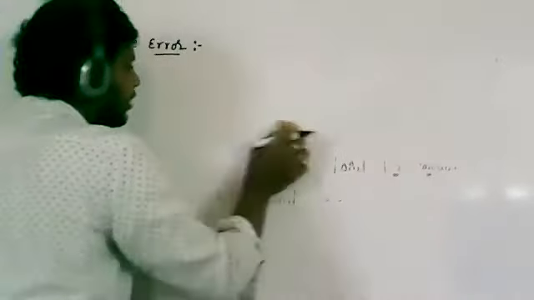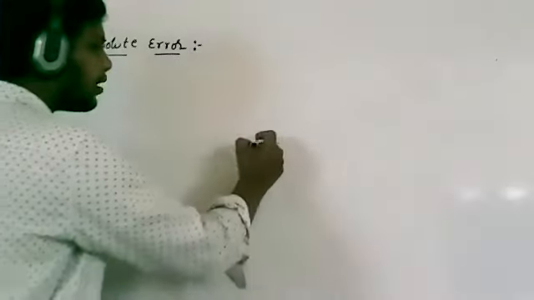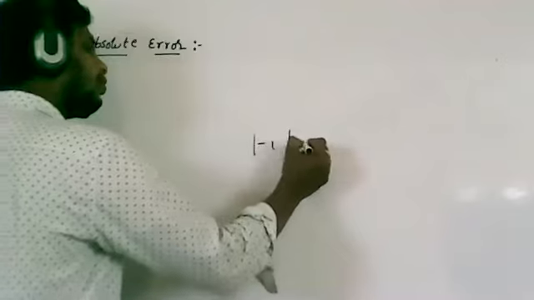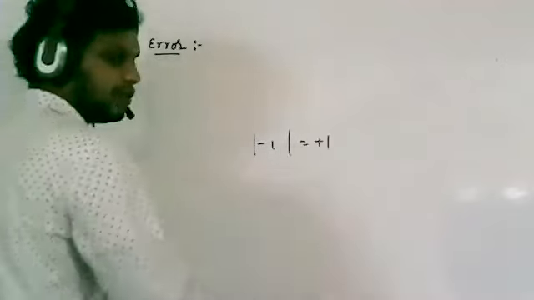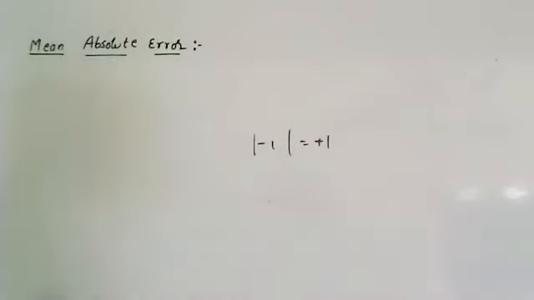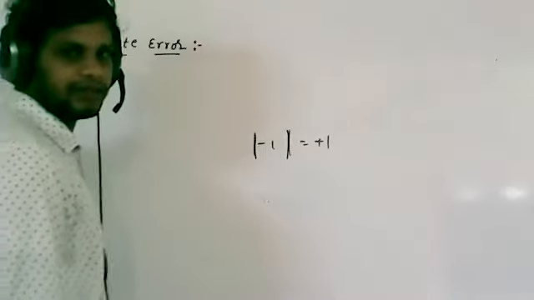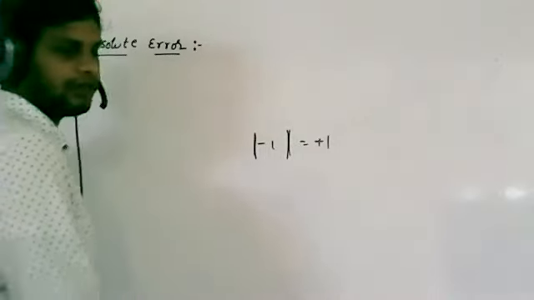Now remember, mod means the magnitude will become positive. If you take the mod value, the modulus of -1 is +1. So that's why when I discussed the difference, I took the modulus.